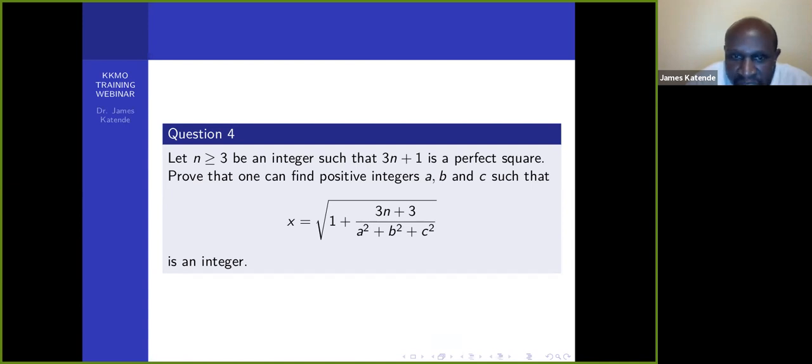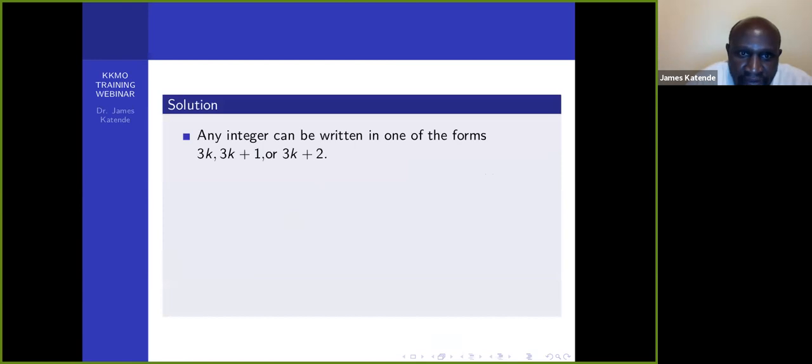So we will go to the solution that we have. First of all, we'll go through some ideas that can help us solve this. The first idea is that any integer you're given can be written in one of these three forms.